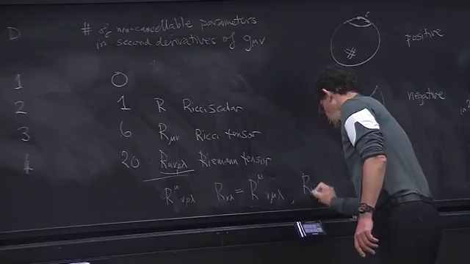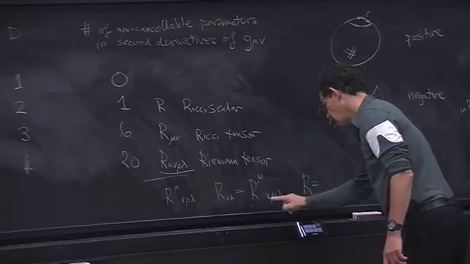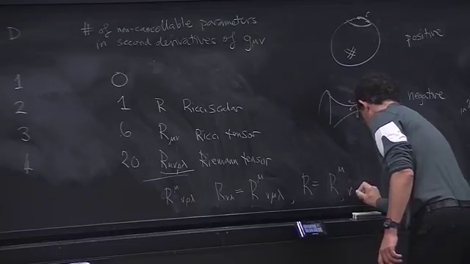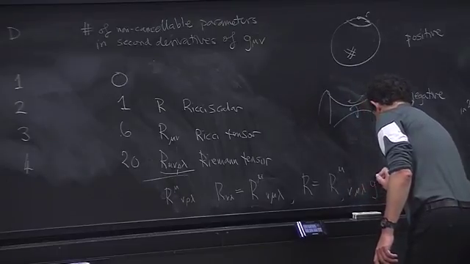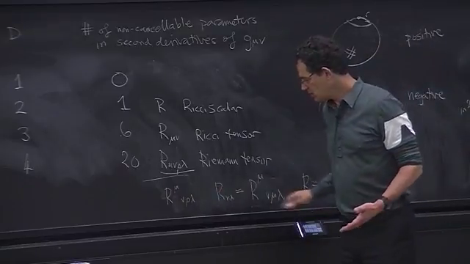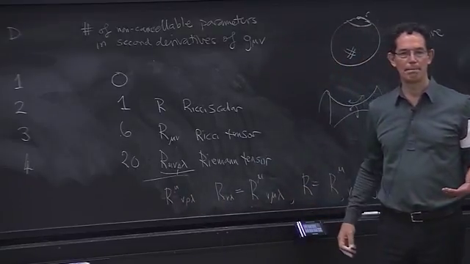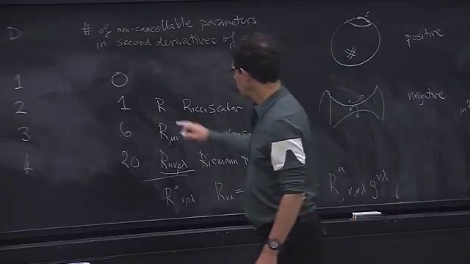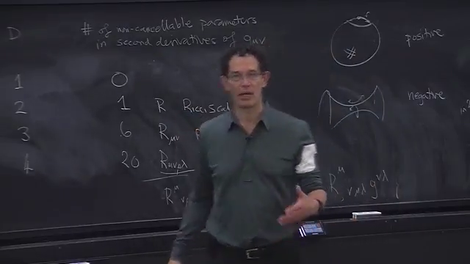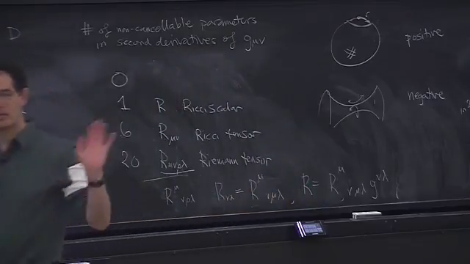And the Ricci scalar is just a contraction of these two, with g^{νλ}. So the Ricci tensor and Ricci scalar are just derived from this guy. These are generally not the Riemann tensor. If the Riemann tensor is 0, then everything's 0.